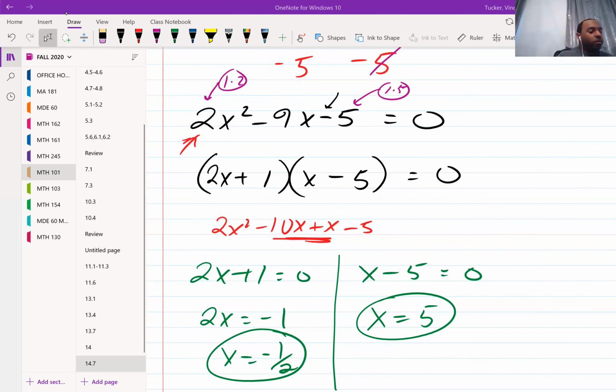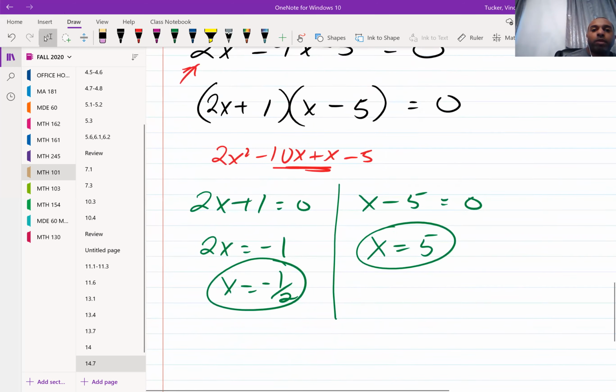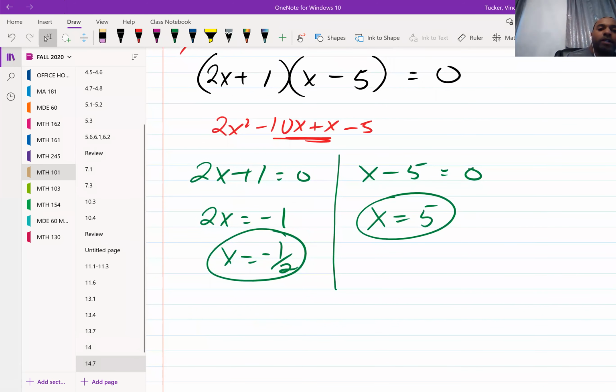Problems with that one before we look at another one? That's all this section is about: just factoring your expression. And once you factor completely, set each part equal to 0 and then solve.